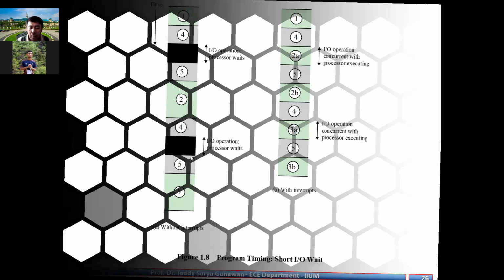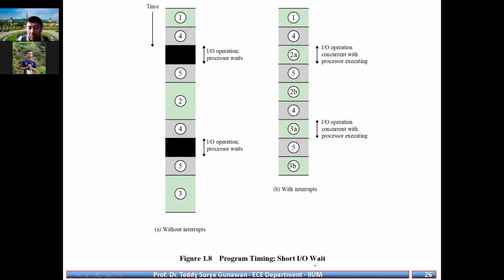So this is the programming timing for short IO wait. You need to visualize this as 1000 times longer. So this IO operation, the processor waits, so 1, 5, 4, 5, and then this continues.